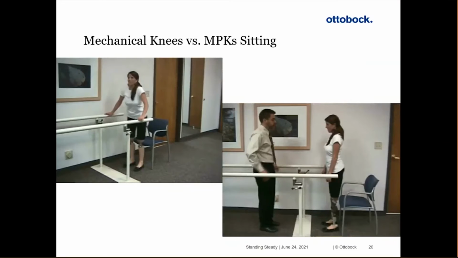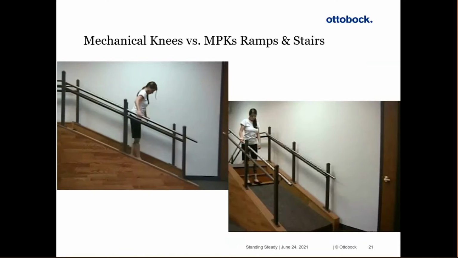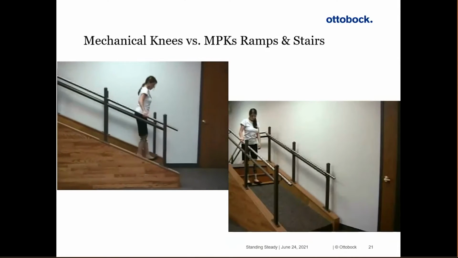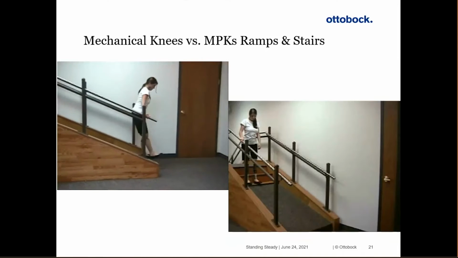Same thing when going down a ramp. Here on mechanical knees, if she tries, it's just going to pretty much buckle. So she's got to really take these little tiny steps, keep them extended, keep weight on the heels, and go down. It's a pretty steep ramp, but go down really slow.